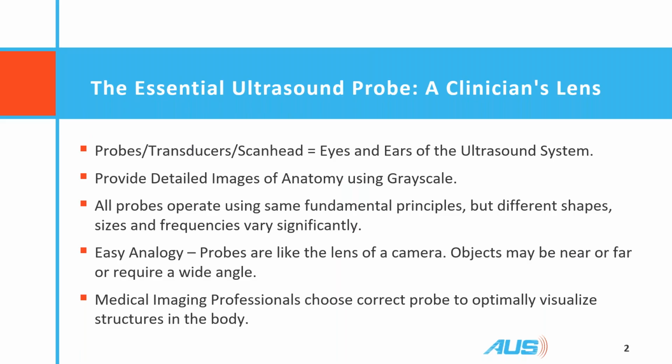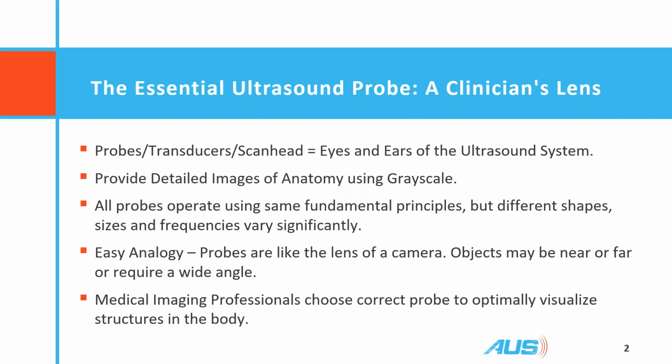So medical imaging professionals choose the correct probe to optimally visualize structures in the body. And this is critical, even if you're doing preventative maintenance on the system. If you're checking a probe out, we need to check it in the same environment that the sonographer would be using the probe in.